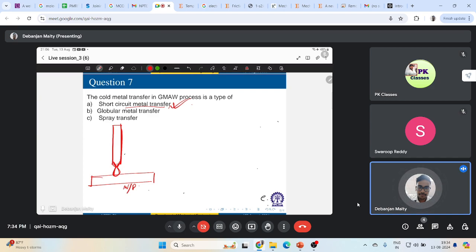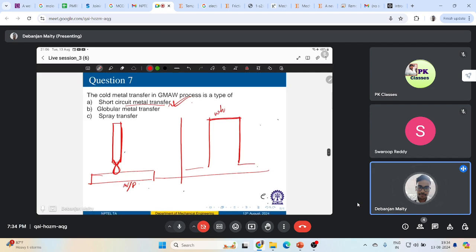And whenever it touches the workpiece, the current will drop down. So this is while touching, and this is after touching. This is current, this is time.